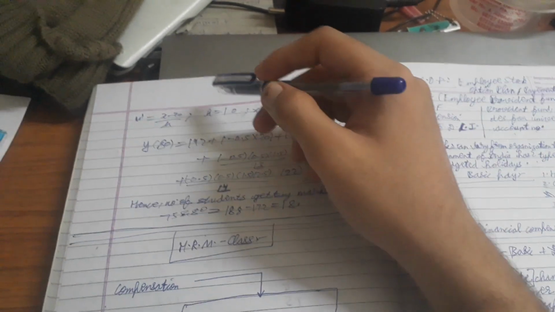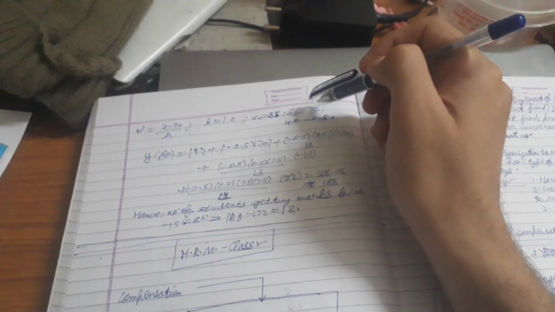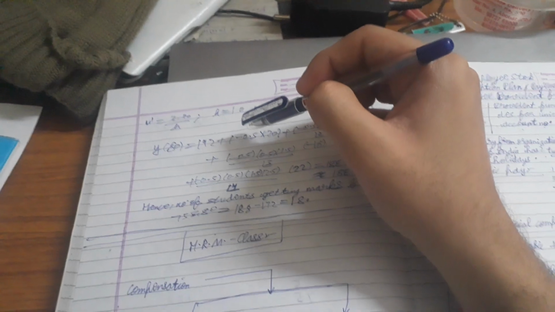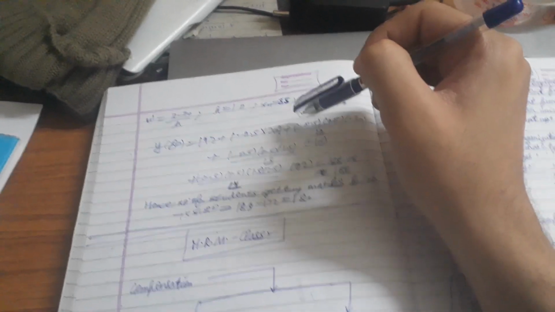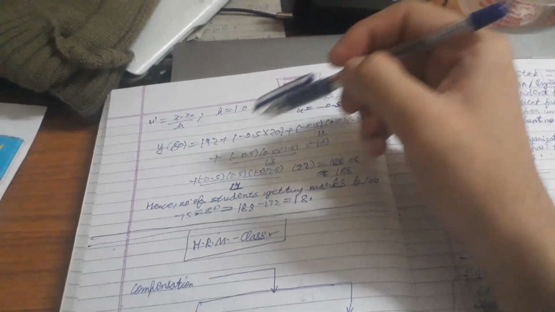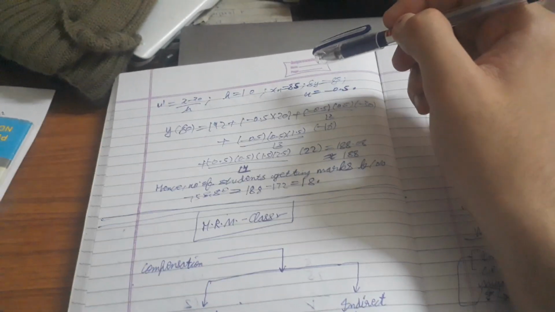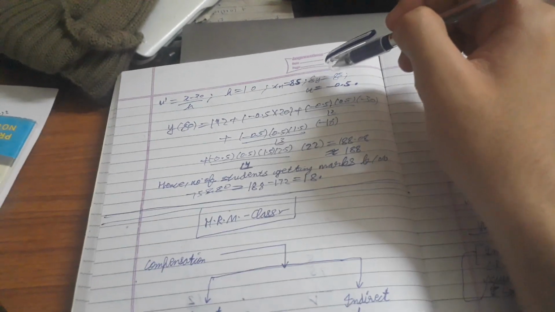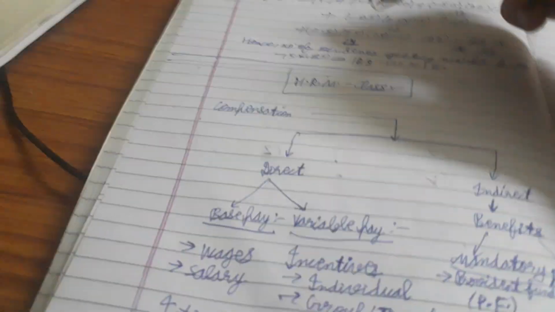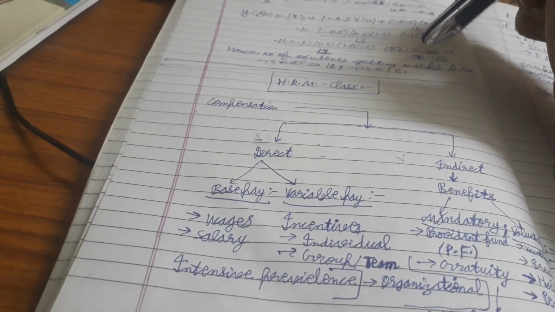u is equal to x minus xn by h, where h is equal to 10, xn is equal to 85, x is equal to 80, so u is equal to minus 0.5. y80 is equal to 192 plus minus 0.5 into 20 plus minus 0.5 into 0.5 over factorial 2 into minus 30 plus minus 0.5 into 0.5 into 1.5 over factorial 3 into minus 16 plus minus 0.5 into 0.5 into 1.5 into 2.5 over factorial 4 into 22, which is equal to 188.08, approximately 188.